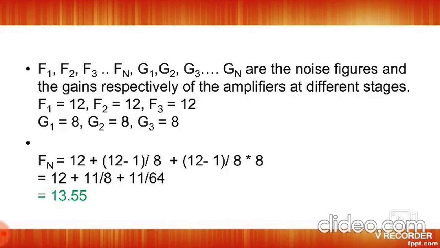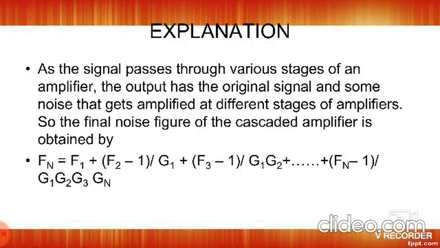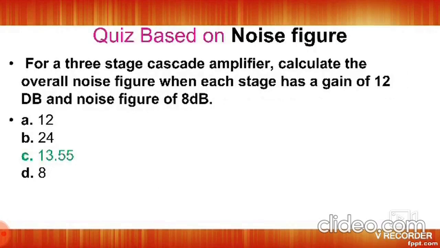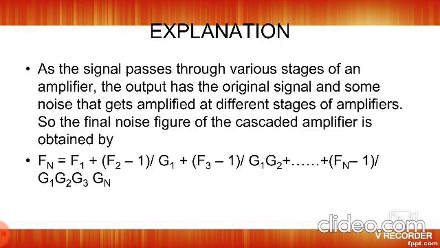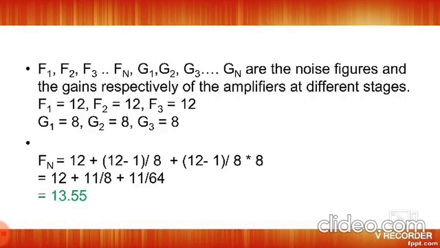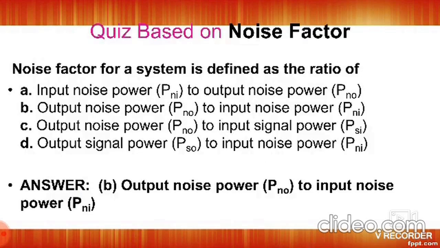For the 3-stage cascade amplifier, each stage has the same gain of 12 dB and noise figure of 8 dB, so all the values are the same for F1, F2, F3 and G1, G2, G3. Substituting these values in the formula, we get 13.55.